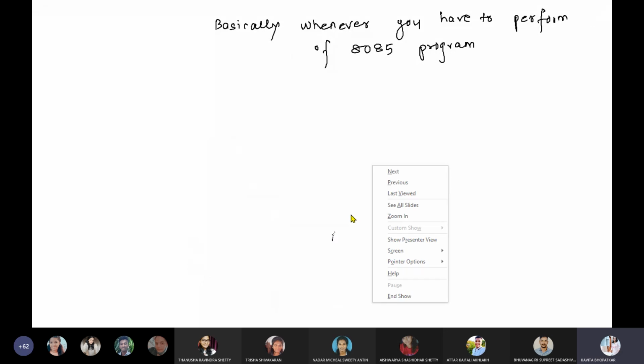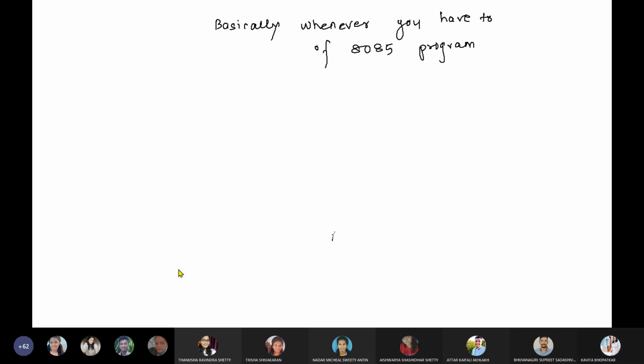You have to write an 8085 program, because पहले तो हम लिखेंगे फिर उसका mechanical execution होगा किट में. So whenever you have to write an 8085 program, you have to understand that writing will take place.